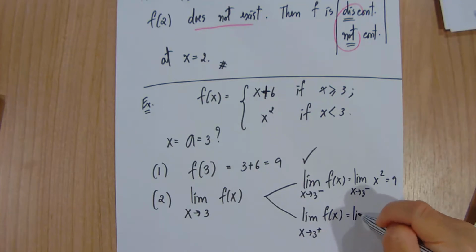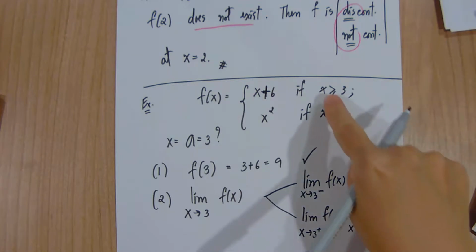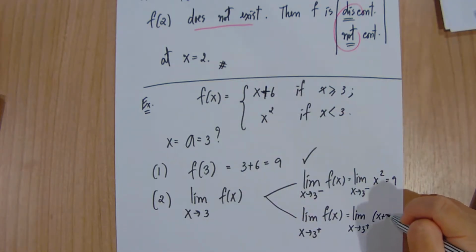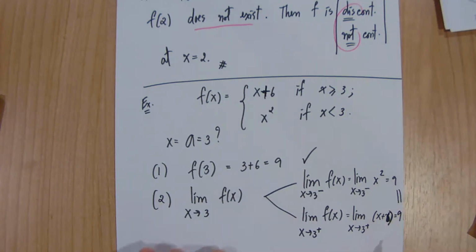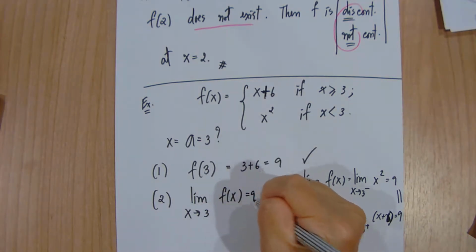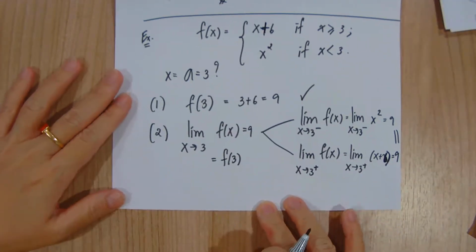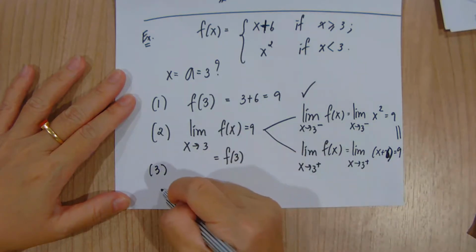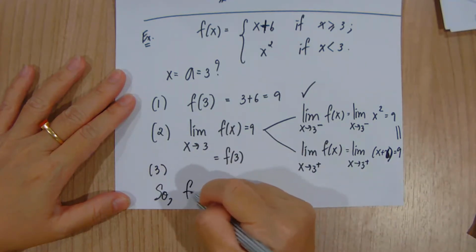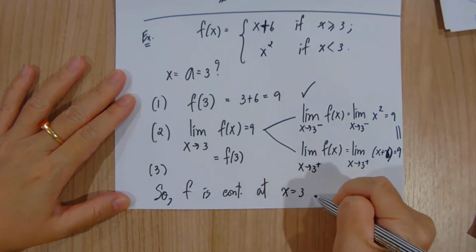And to find the limit from the right-hand side, when x is greater than 3, we choose the above function. So you also get 9. So both are equal, then we can conclude that the limit is 9 and equal to the value at this point. Okay, then we can conclude that f is continuous at x equal to 3.